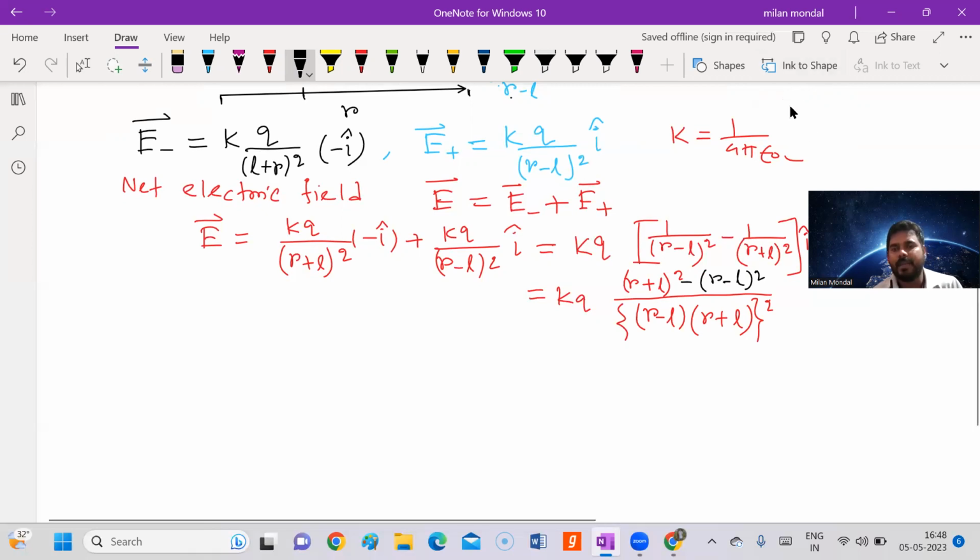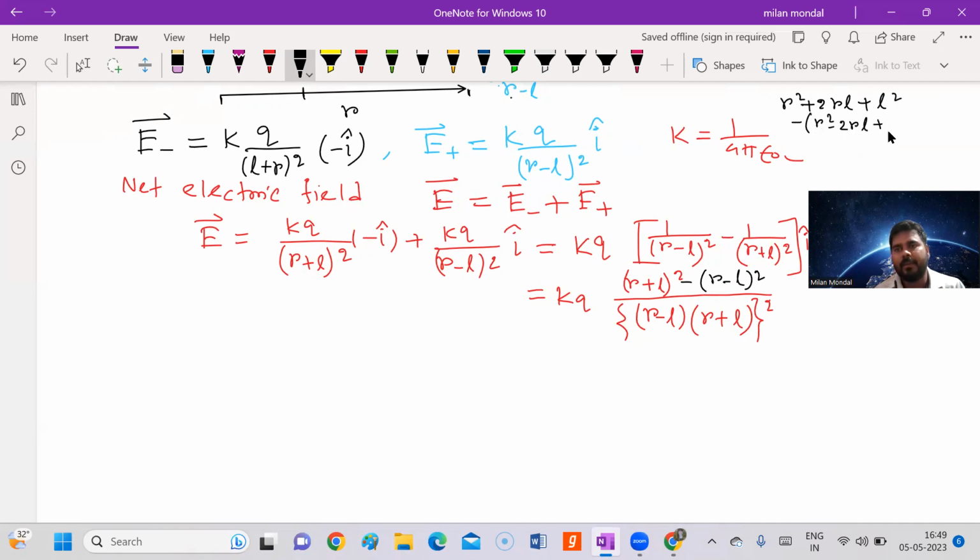(R plus L) square, like (A plus B) whole square, is R square plus 2RL plus L square, and minus (R minus L) whole square, which means R square minus 2RL plus L square. Here R square cancels, L square cancels, and 2RL, with this minus and this minus becoming plus, gives us 4RL.